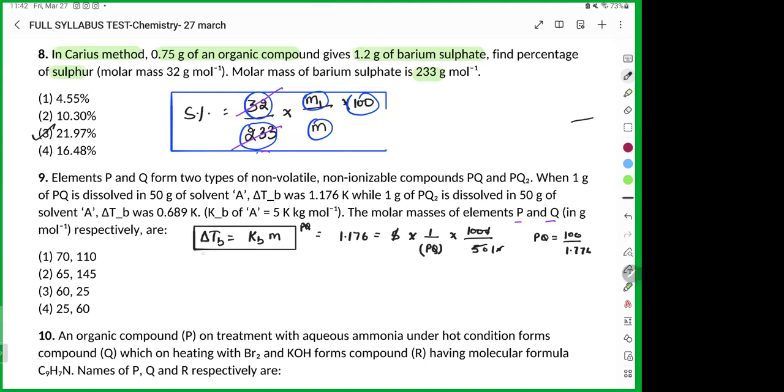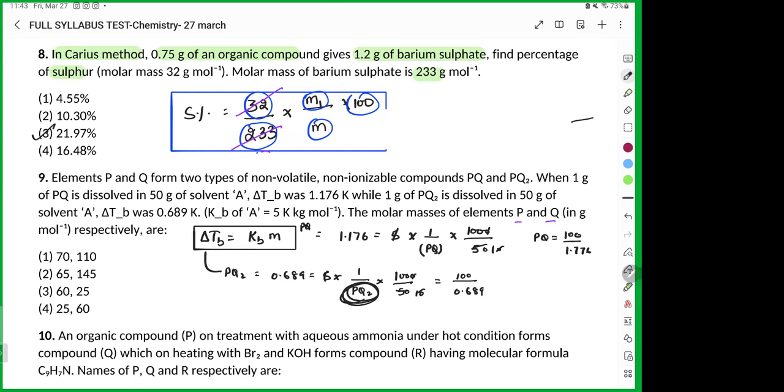Same way, apply for the second, PQ2. 0.689 is equal to 5 into mass 1 gram, molar mass we have to calculate, times 1000, mass of the solvent 50. Same. So it will be 100 divided by 0.689, the mass of PQ2. You understood both.